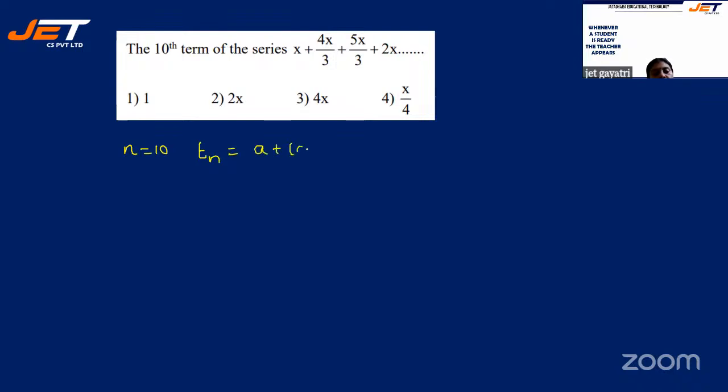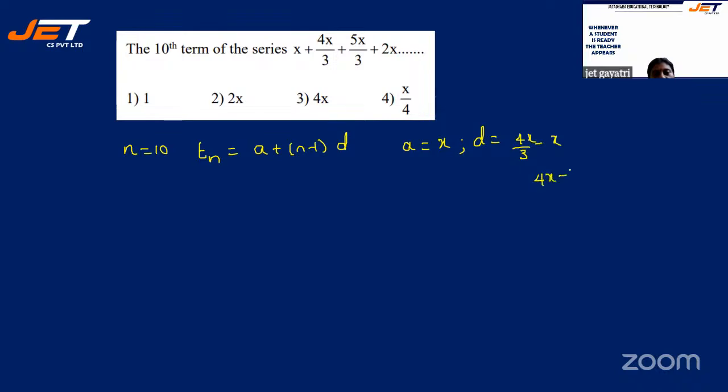Tn is a plus n minus 1 into d, where a is x, d is T2 minus T1, which is 4x by 3 minus x.